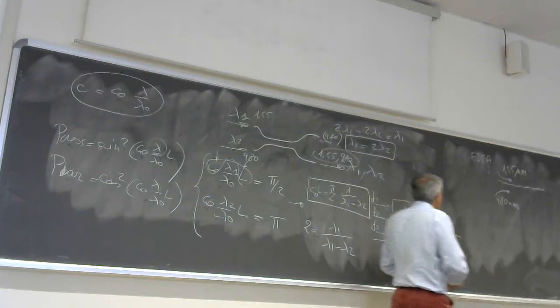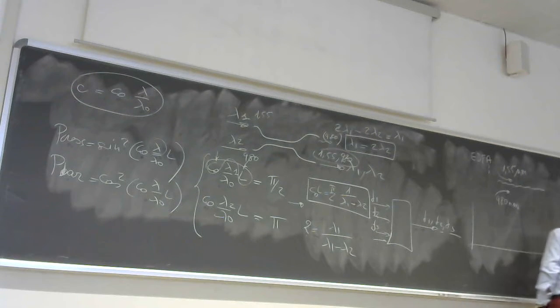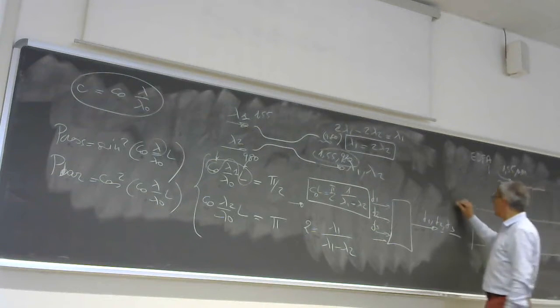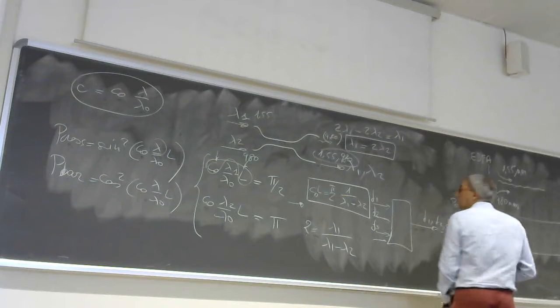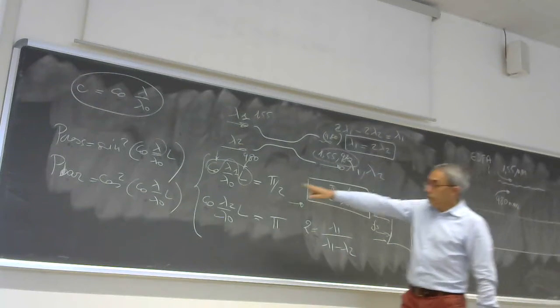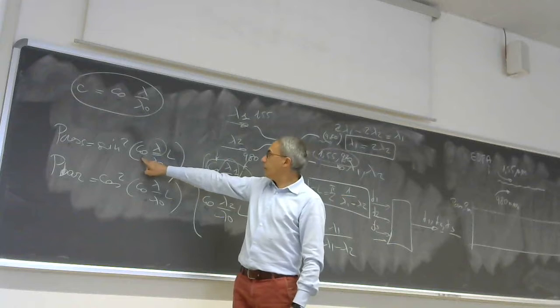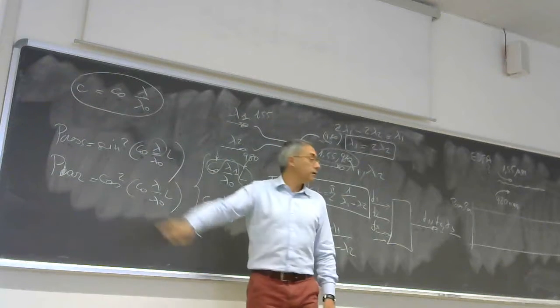If I draw the transfer function of the directional coupler as a function of lambda, assume this is P cross and P bar, it is a sin function that depends on lambda.